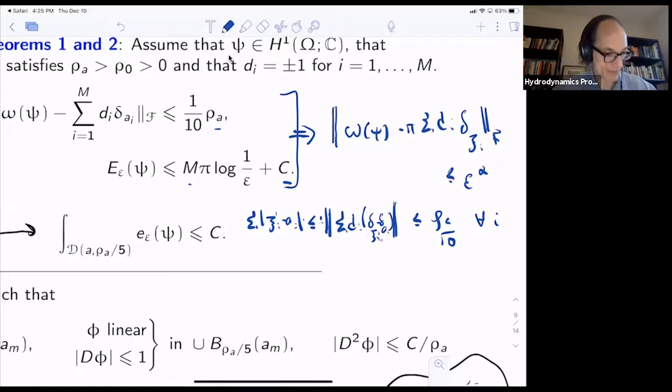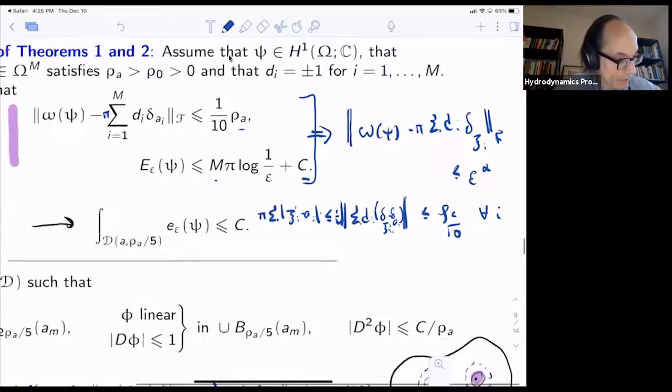And maybe there's some constants here to get right, but there's a pi inside of here, and there's a pi here. Okay, and here there's a 5, I think. So the point is, just by calculations we've done before, the distance of the points is bounded by this flat norm distance of the delta functions.